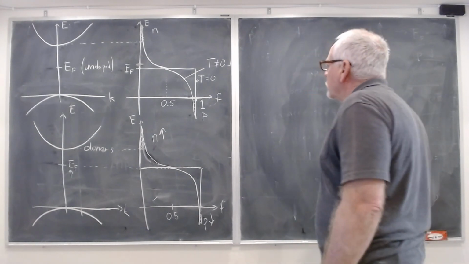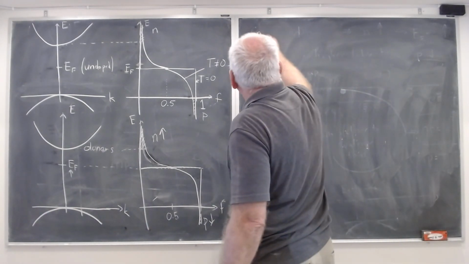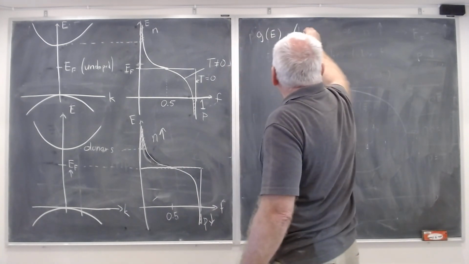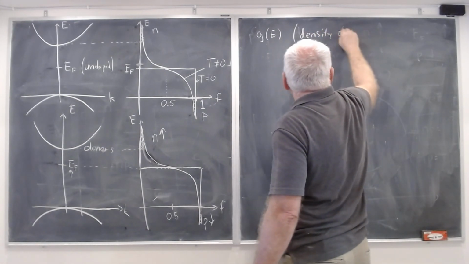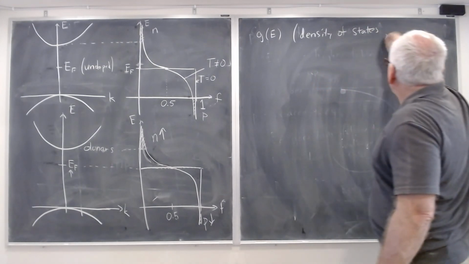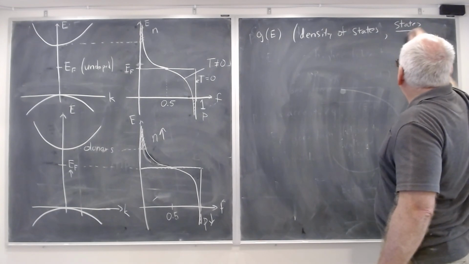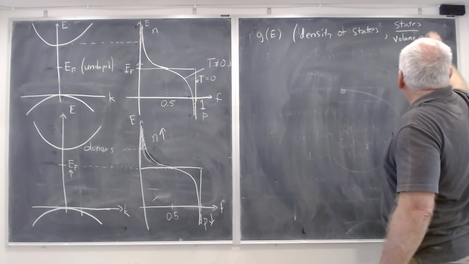To do that, we have to introduce something called G of E, which is the density of states, or the states per unit volume per unit energy.